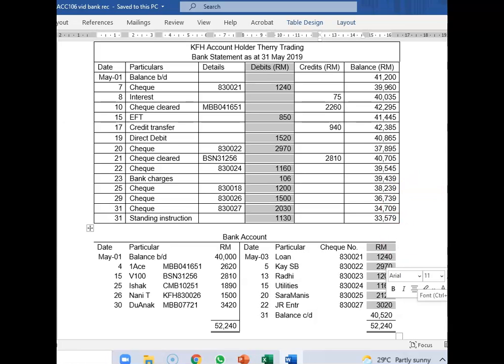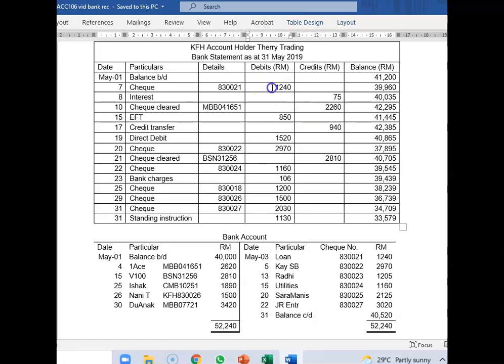Okay, so look at which item or which figure is the same. For example, 1,204. We can see that the bank account also has 1,204, and we can confirm that it is the same check because the check number is 21, the same as the data in the bank statement, 830021.